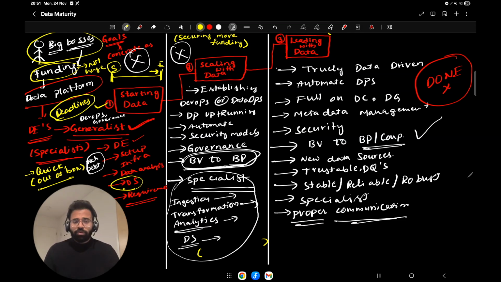So I hope now you would have got some understanding of why the data roles and responsibilities for data people will be completely different from company to company or team to team.